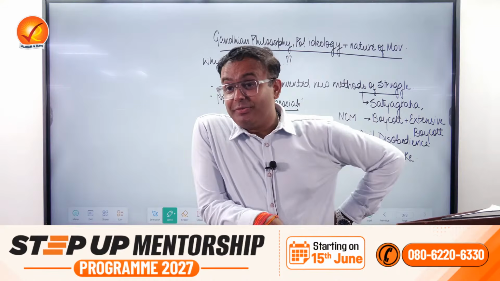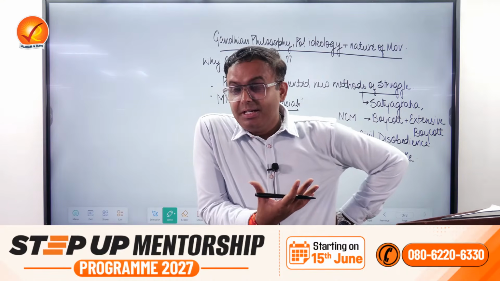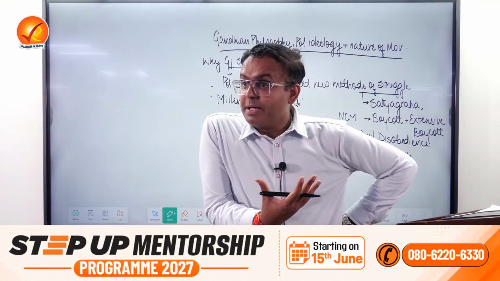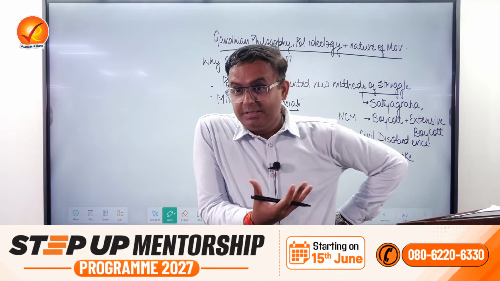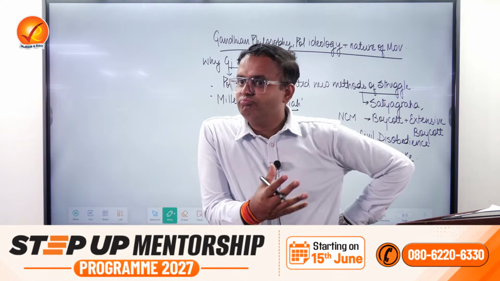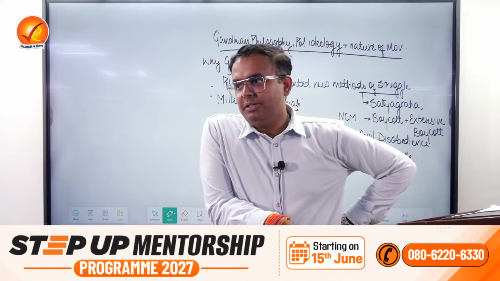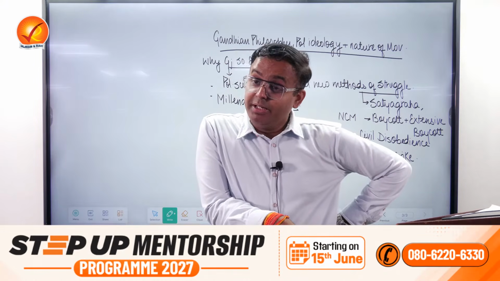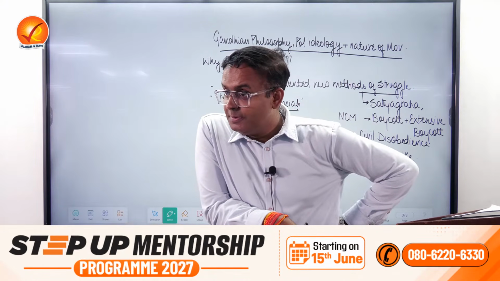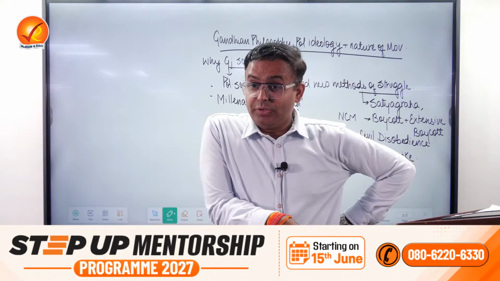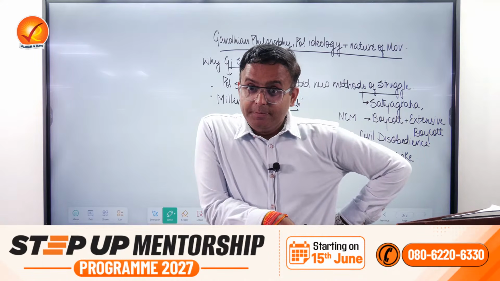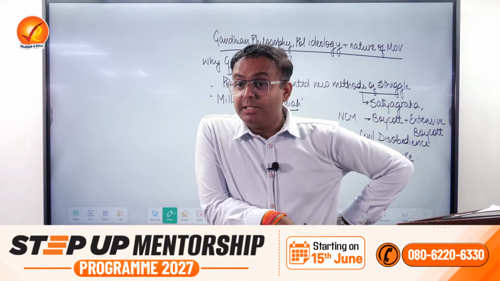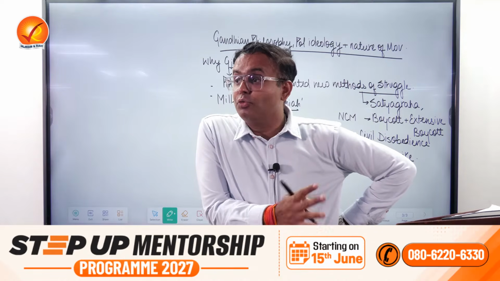Because of his South Africa success and his early success in Champaran, Ahmedabad, Kheda, people began to believe that Gandhi ji can do anything, wonders. Some even believed that he had divine powers. The tribals of the Andhra region believed this. Some believed that wearing a Gandhian cap made them immune from British bullets.